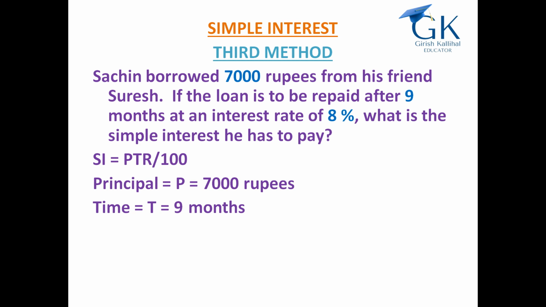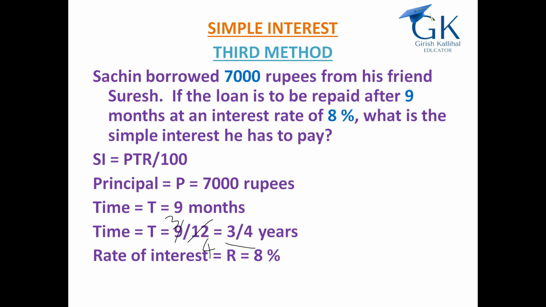So to do that, the time frame, which is T is equal to 9 divided by 12, because in 1 year there will be 12 months. So we'll get 3 by 4 years. That will be 3 threes are 9 and 3 fours are 12. So 3 by 4 is the time frame in years, 3 by 4 years.